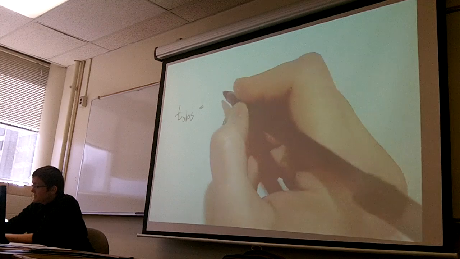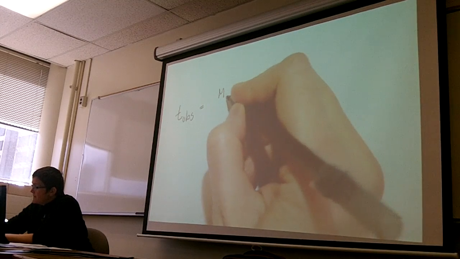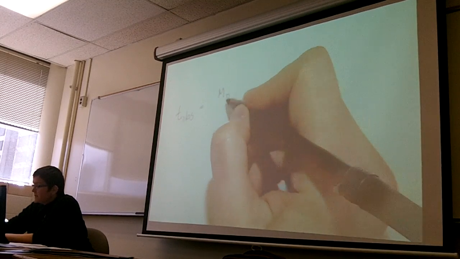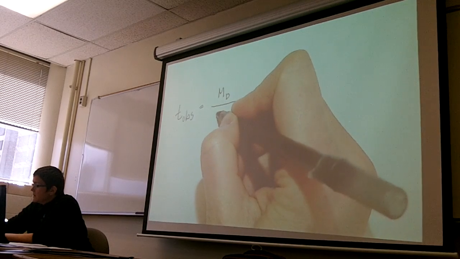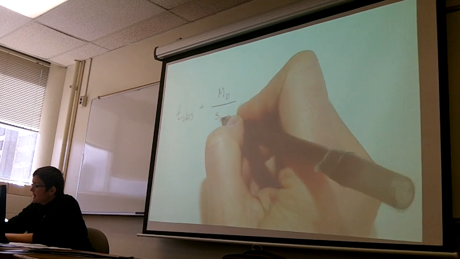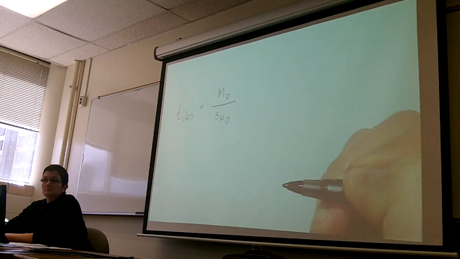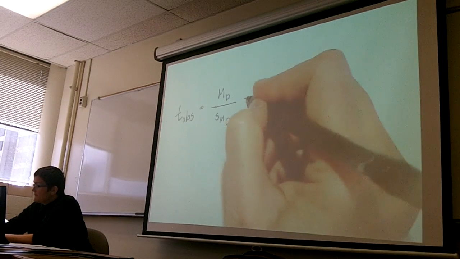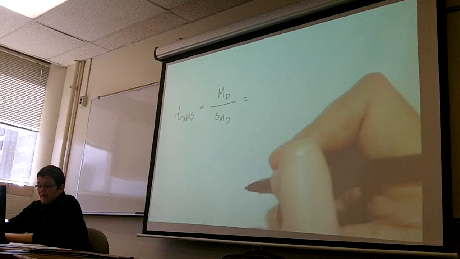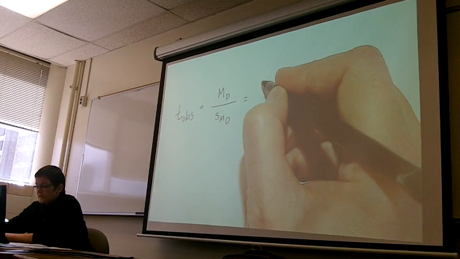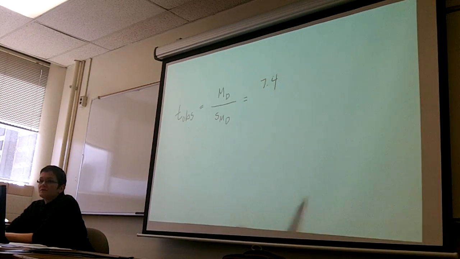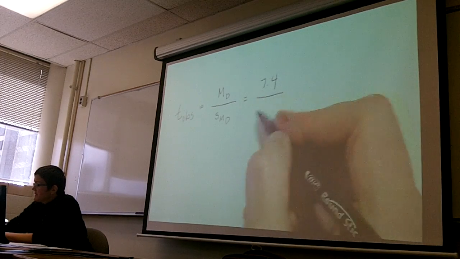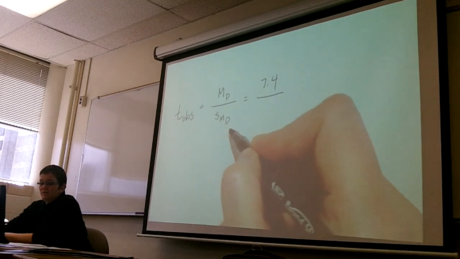T-observed for the related groups t-test is the mean of the difference scores over the estimated standard error of the difference scores, right? Okay, so I've just told you that the mean of the difference scores is 7.4, so that's the numerator, I just gave it to you. So now what you've got to figure out is the estimated standard error of the difference.